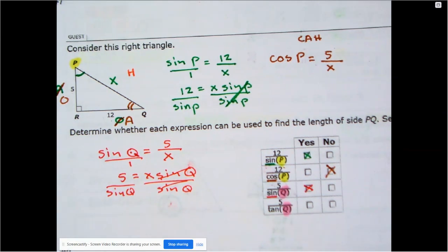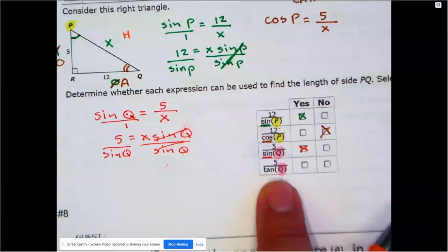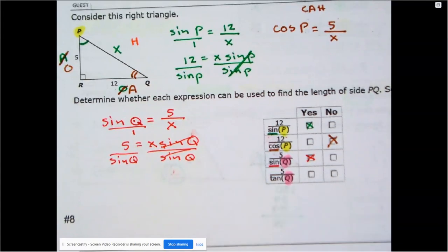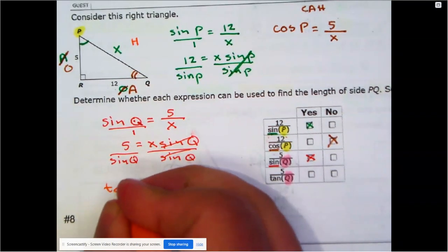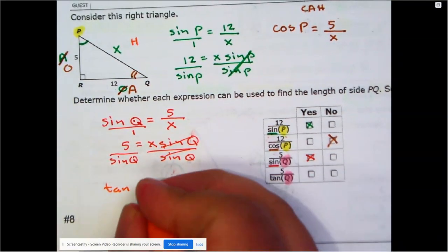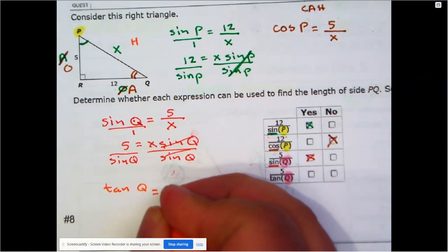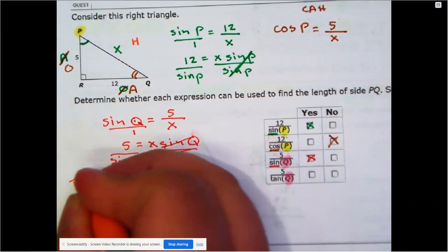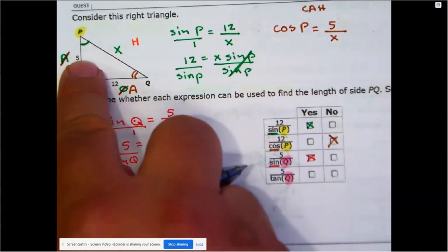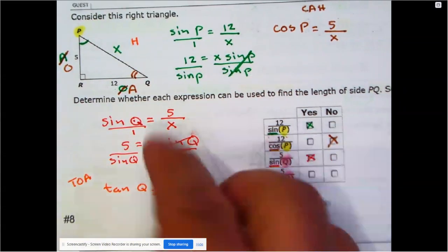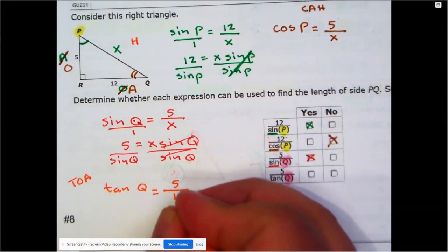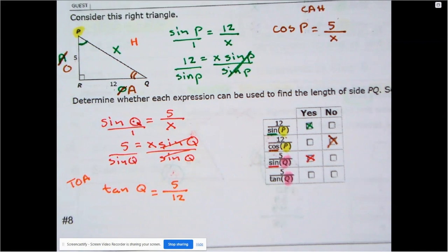And then the last one. They said, you're going to try out tangent. Okay, so let's set up tangent. Tangent of Q, according to our friend SOHCAHTOA, right? TOA would be the opposite, the 5, over the adjacent, the 12. Again, I'm already going to stop.